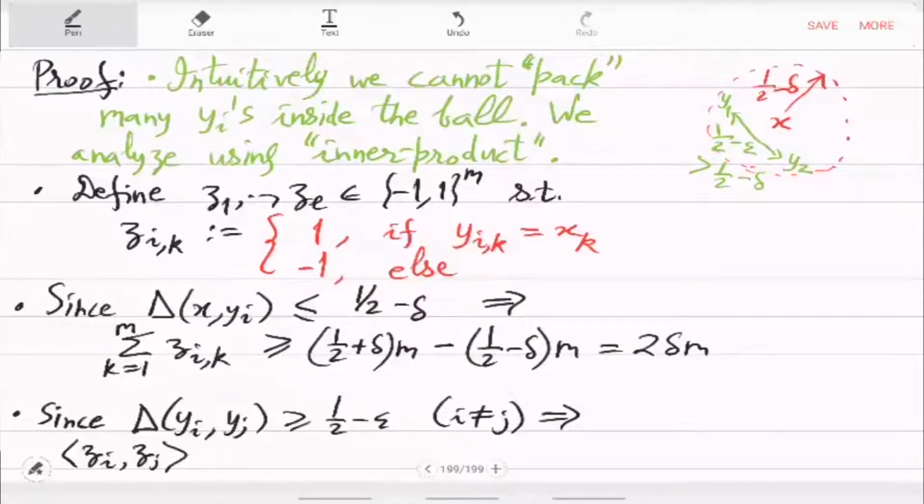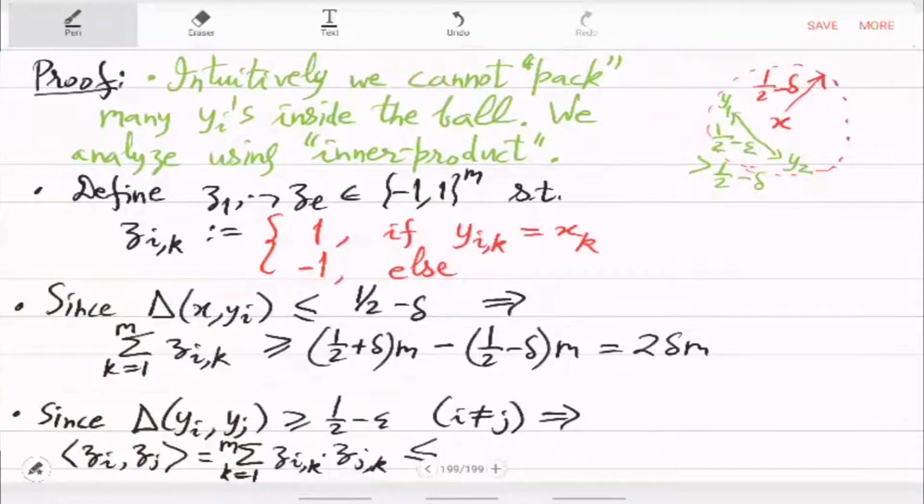Let's go over the coordinates. Now zik, zjk are of the same sign if they match xk, else they are opposite.